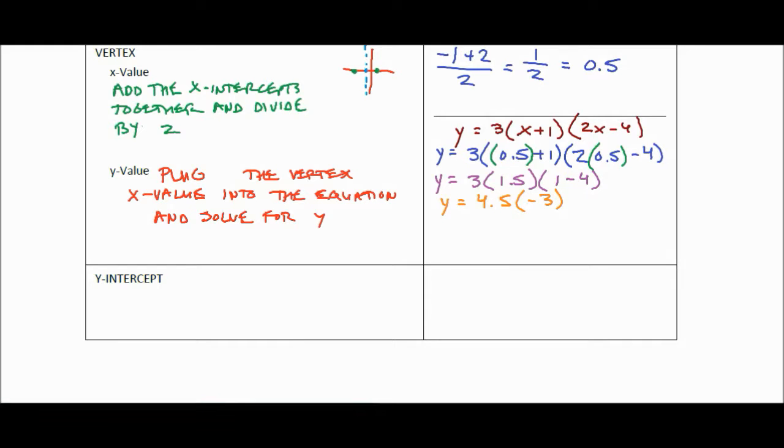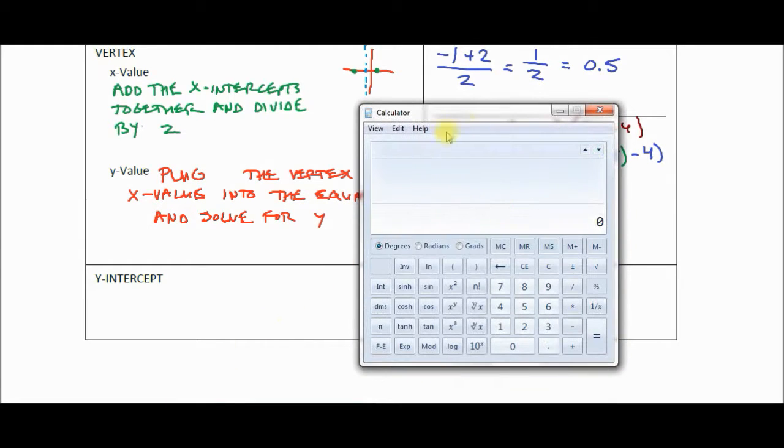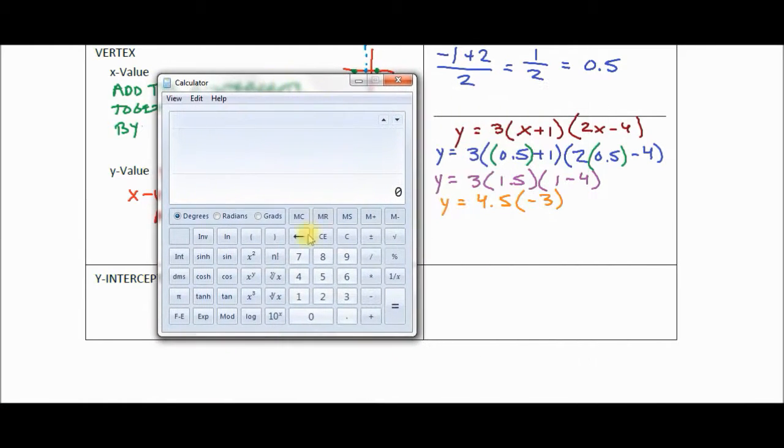Let's go ahead and put that in a calculator. See if I can get a calculator up here. Here we go. So we're going to put in 4.5 times, and I can't put negative numbers in my calculator here, so I'm going to put it times 3. But I know that number is a negative number.